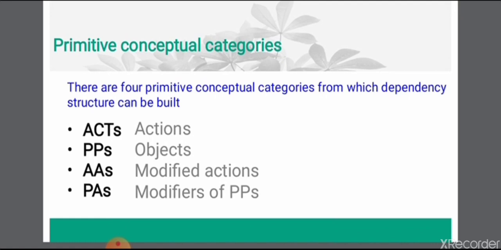The second one, PP, it is the object. Next one is AA, modifier of action, and the last one is PA, that are called the modifiers of PP. See here, the second one is the object, so if you want to modify that object to represent the thing as a primitive, we are having PA.